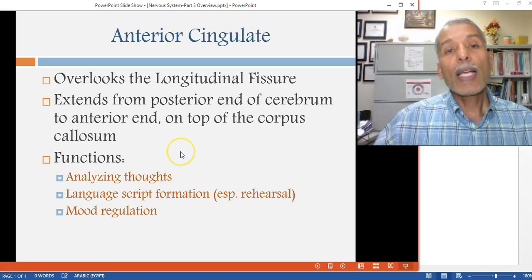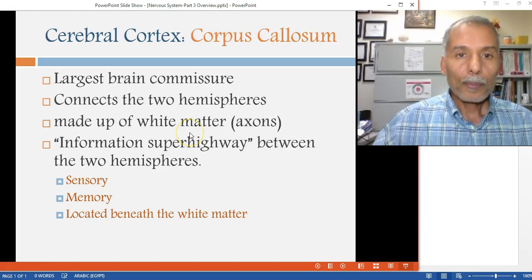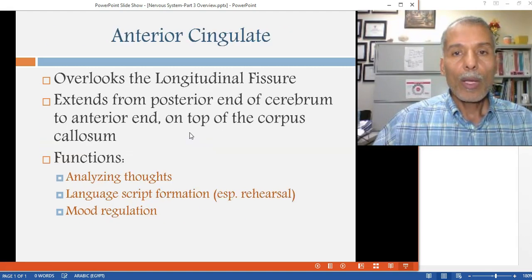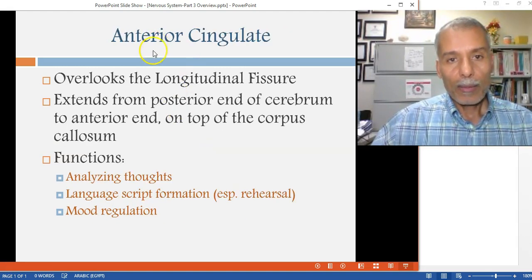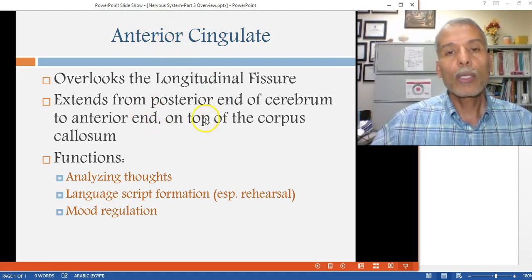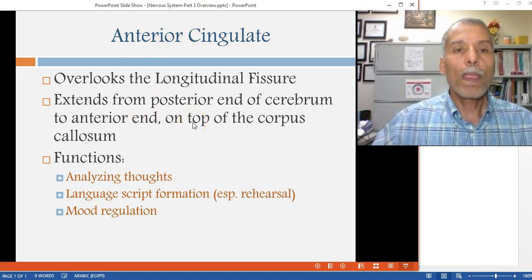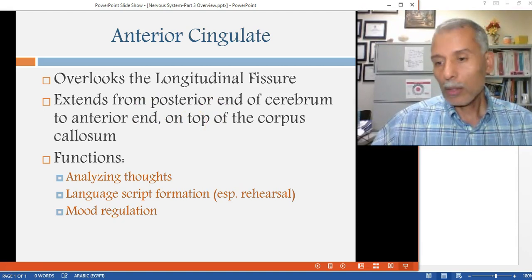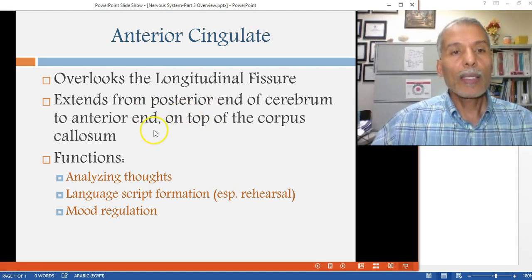Then the angular gyrus, the cingulate. The cingulate gyrus, and don't say just the anterior cingulate, the whole cingulate is part of the cortex. The cingulate gyrus, I'm going to show you.